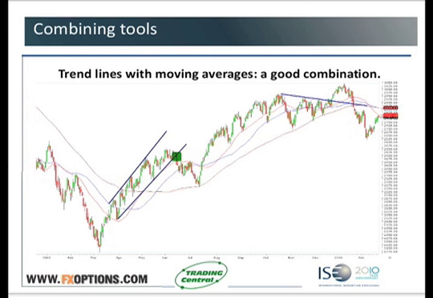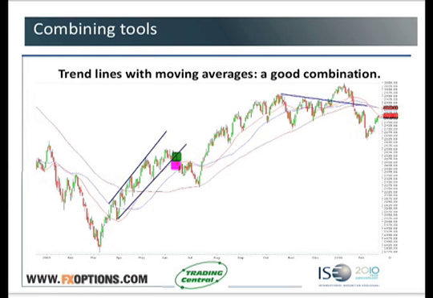I prefer to wait, in this case, for a close below the 30 days moving average on this chart, which is just there. So there you have the downside breakout, the lower boundary of the bullish channel, and you have a close below the 30-day moving average.